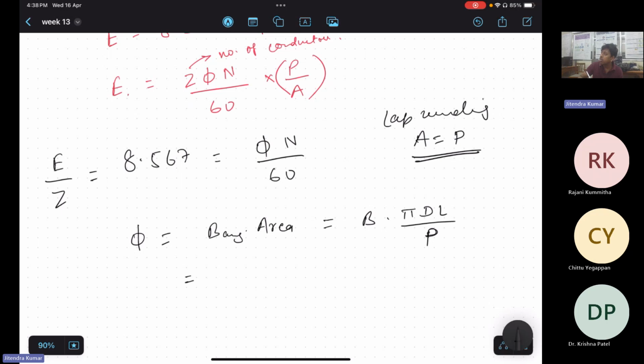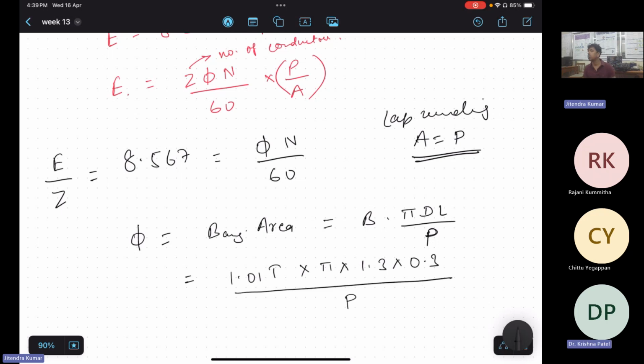B is given as 1.01 Tesla, pi D is 1.3 meter, L is 0.3 meter. Number of poles is not mentioned, so we consider it equal to 2, because at least one pole pair should be present in the machine.